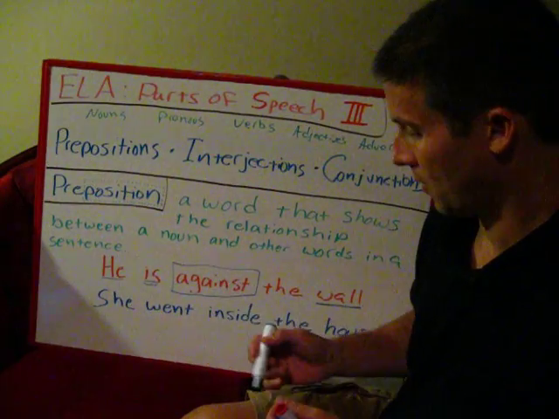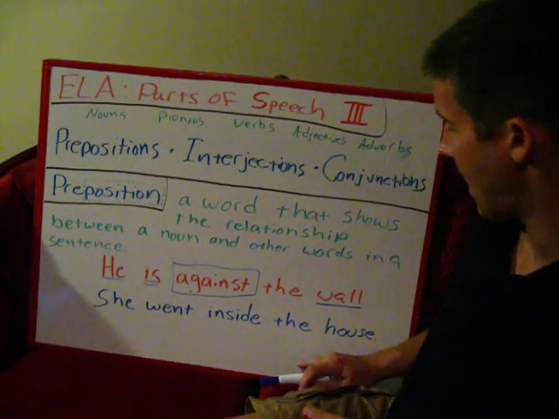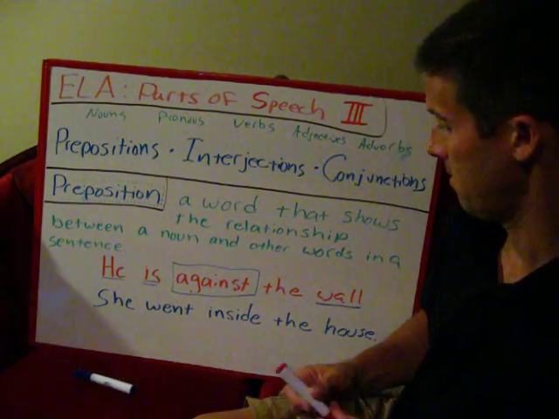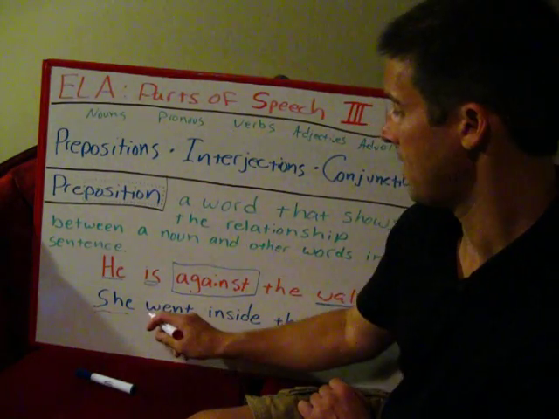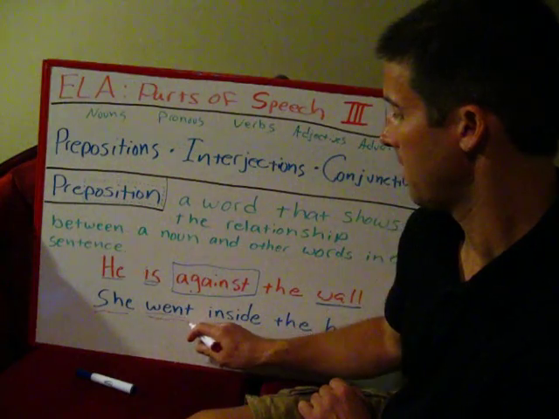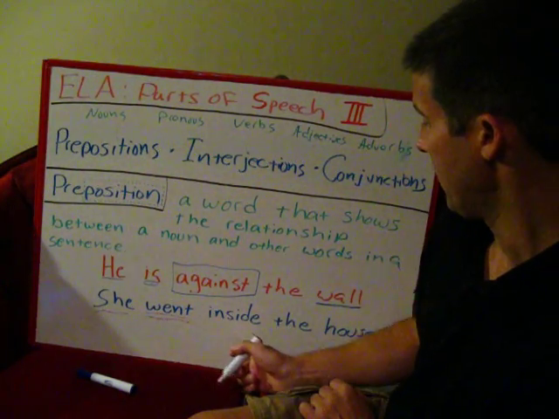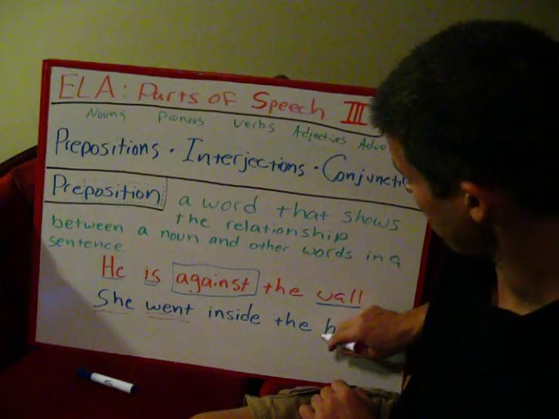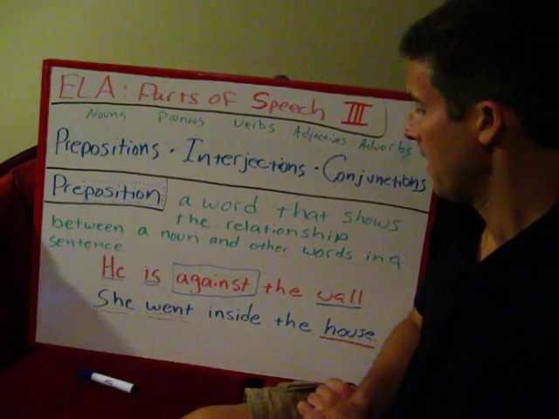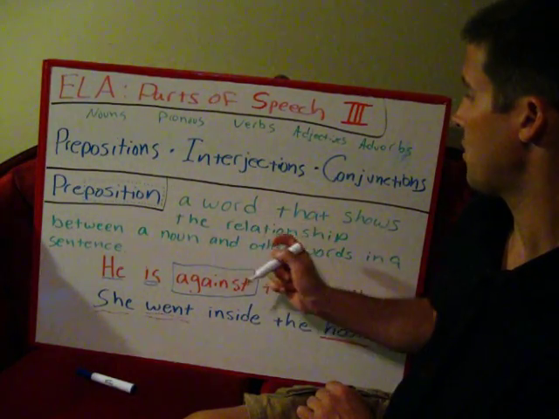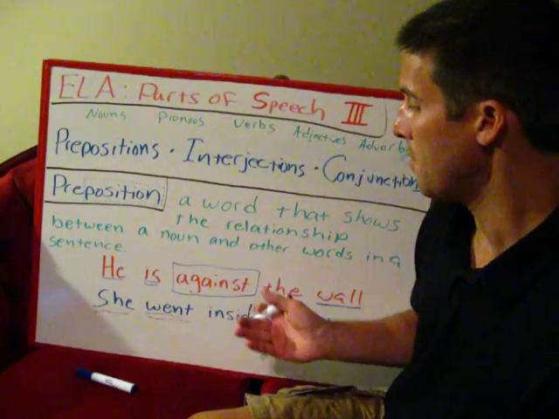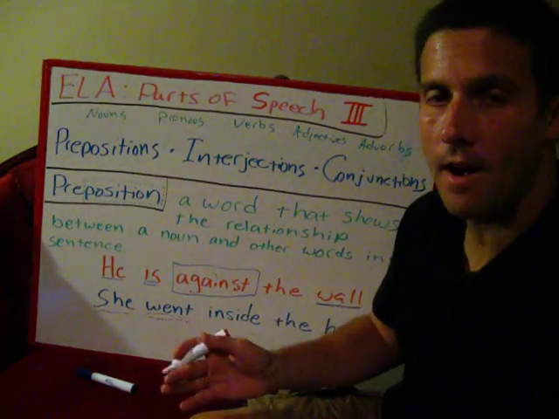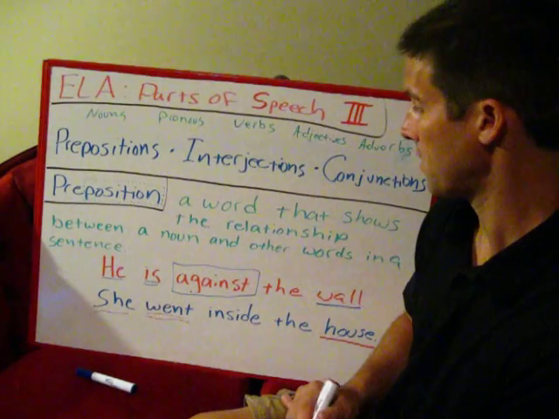Let's look at: she went inside the house. She is the subject. Went is an action verb. And here we have some other words. We have the house, which is a noun. So what's the word that shows the relationship, or what's happening maybe between a noun and another noun or other words?